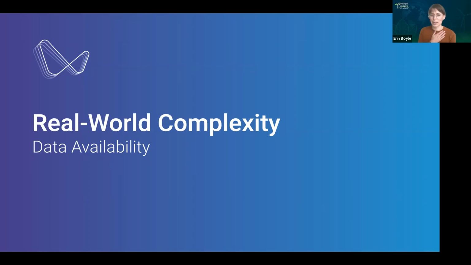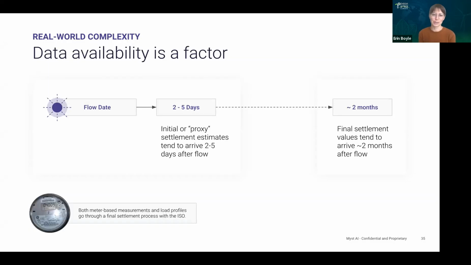I'd like to now introduce just a bit of real-world complexity, so return to that data availability complexity that I mentioned earlier. Because I think that this highlights one kind of fun element of forecasting.